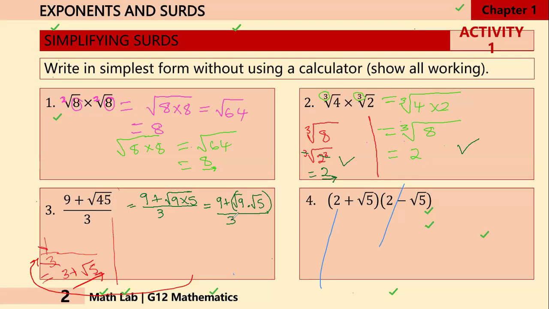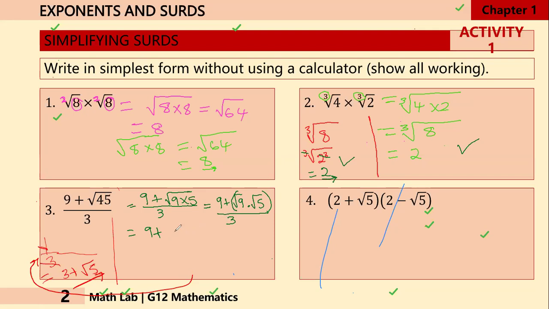Do you all see this? So 9 plus open bracket, square root of 9 times square root of 5. Now from here, it's going to be equal to 9 plus, remember that this square root of 9 gives us 3, right?